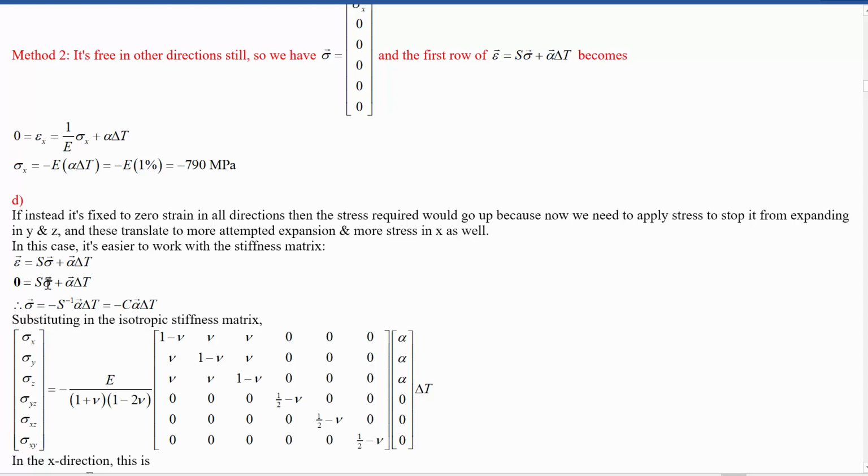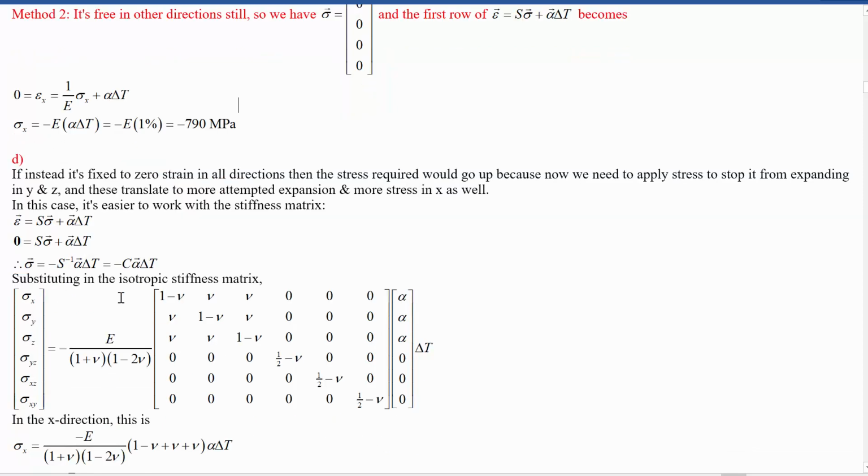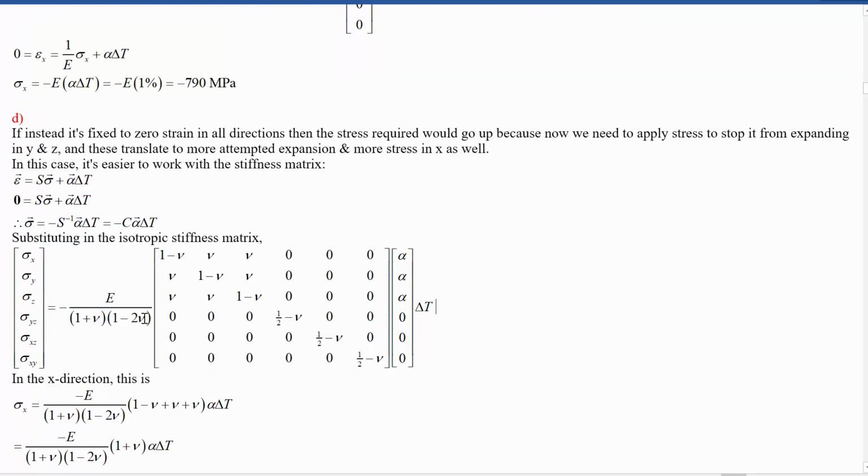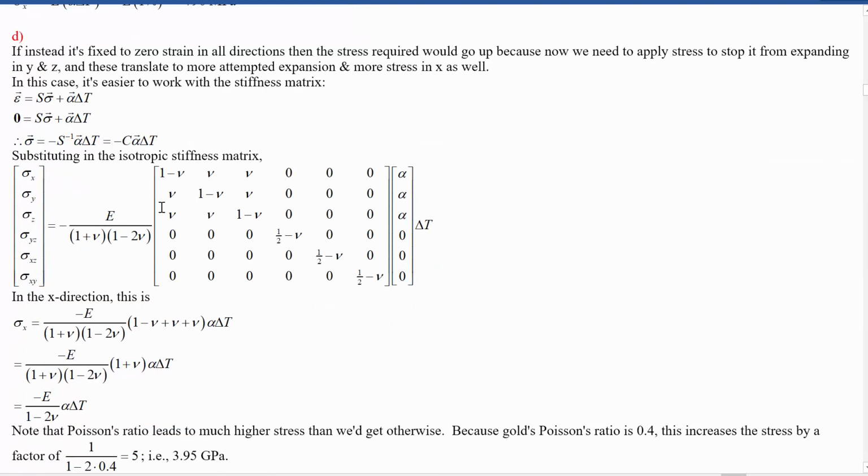So we'd be better off by multiplying by the inverse of the compliance matrix in order to figure out exactly what the stress is in x. So that's the stiffness matrix. Now in this situation, you can see that the stiffness matrix, because alpha delta t is the same in x, y, and z, we can carry this multiplication out fairly easily.